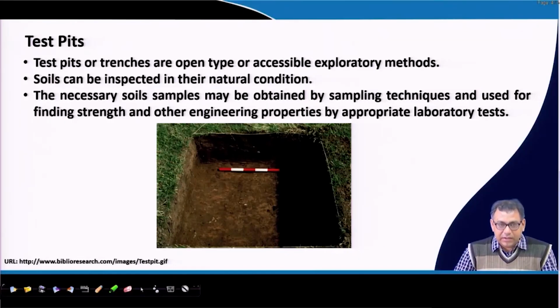But this test pit method is suitable for small structures and very shallow depths. That means the soil can be inspected in its natural condition, and as I mentioned, we can collect the soil sample from the base of the pit or the base of the foundation itself.